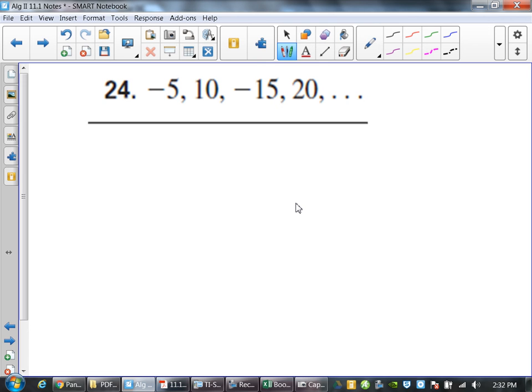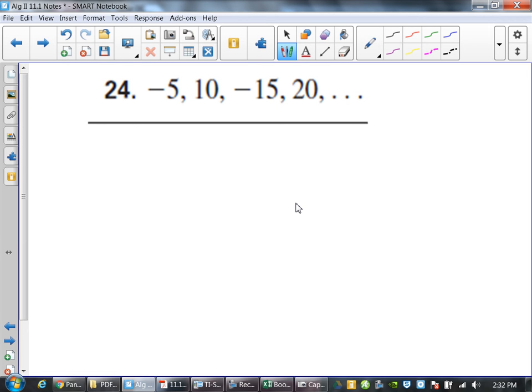I will say one thing. A lot of times when you're doing this stuff and you see signs that are alternating, you probably have a negative thrown in somewhere. But in this case, it's probably pretty obvious what the next term is going to be.